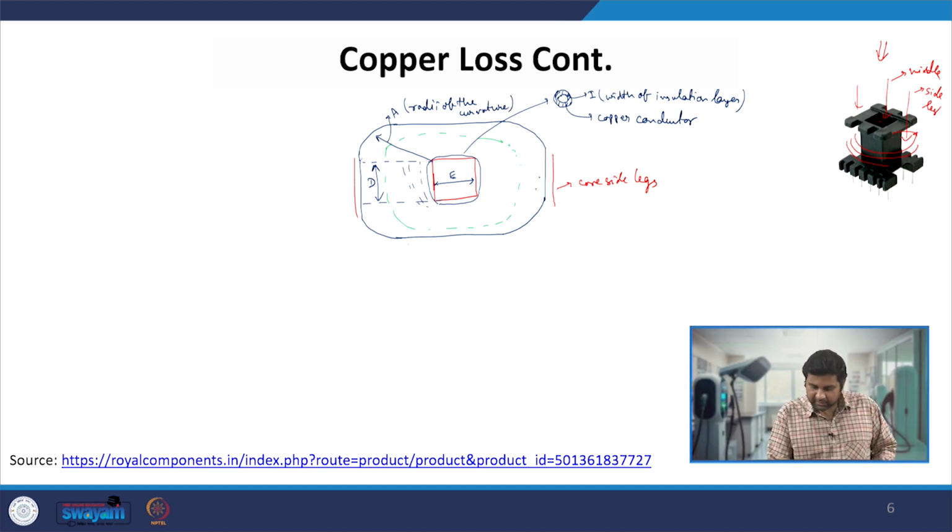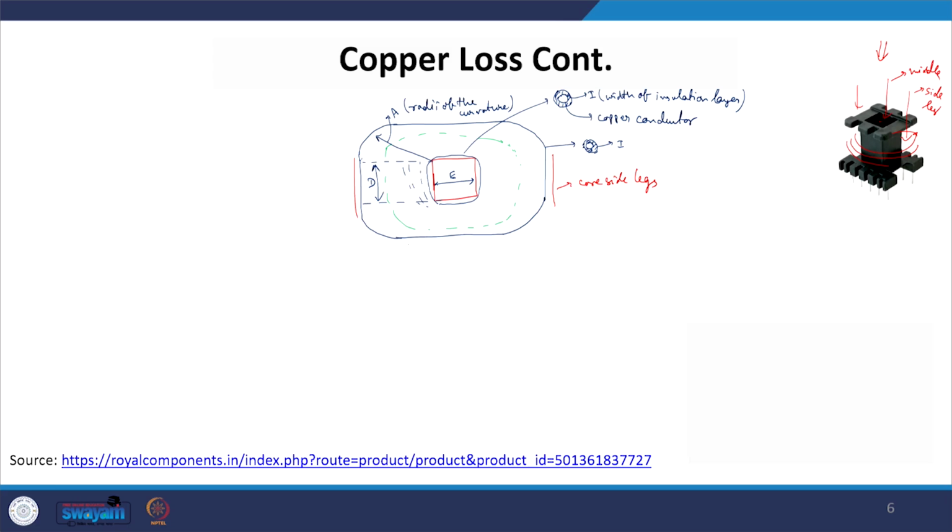So we have four areas like this. In this winding also you will have the copper in between, then the enamel coating insulation, and this again has the width I, this insulation layer over the copper conductor. So this also has the same kind of thing.